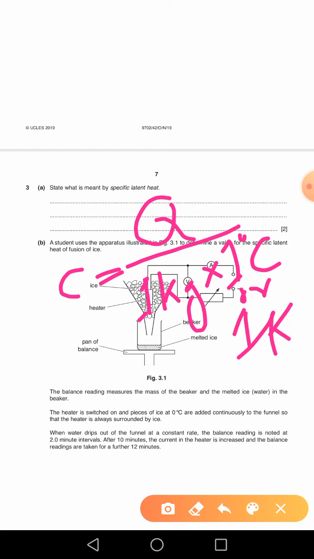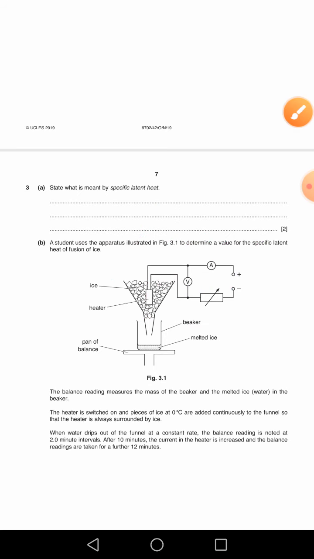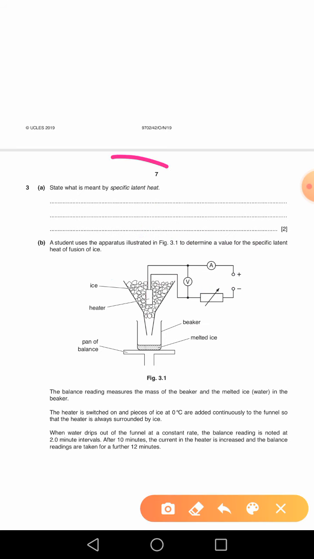Oh, sorry, that is specific heat capacity, but the question says specific latent heat. Okay, just forget it. Specific latent heat.